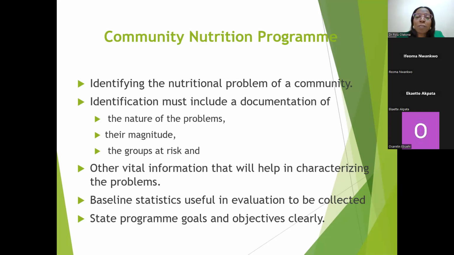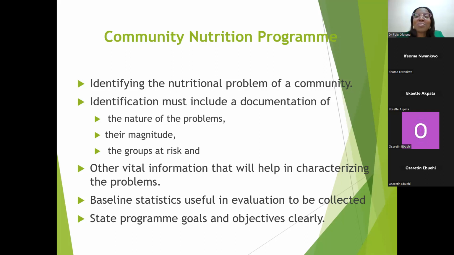There must also be a proper community mapping to know the landmarks, the important places in the community, so you have a good grasp of the whole community. This is important because in the process, you might discover some resources that will be useful for your work, and you will not need to spend money on it. For example, if your community nutrition intervention or program involves health education, most interventions would involve health education anyway.